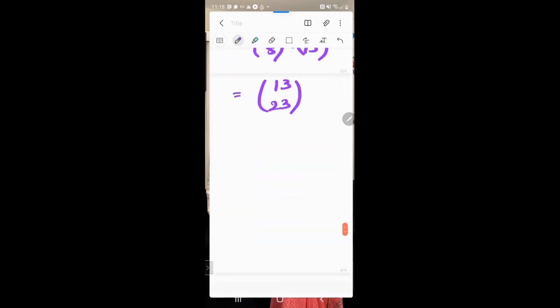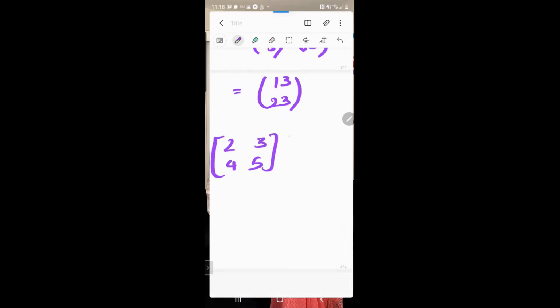Okay, so now let's try this multiplication. 2, 3, 4, 5 with 1, 0, 0, 1. So try this matrix multiplication. Oh, actually, sorry, this is trivial. 1, 2, 3, 4. So if you multiply these two matrices, 2, 3, 4, 5 and 1, 2, 3, 4, what do you get?